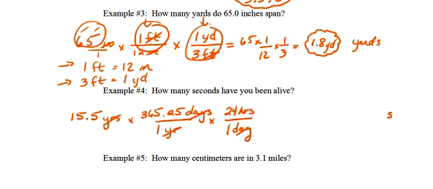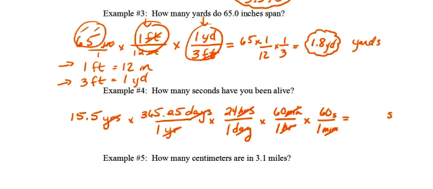Again, you know where they need to go because they have to divide out top and bottom. And there are 60 minutes in 1 hour. So hours divide out. And there are 60 seconds in 1 minute. So the minutes divide out. And notice everything has divided out except for seconds.